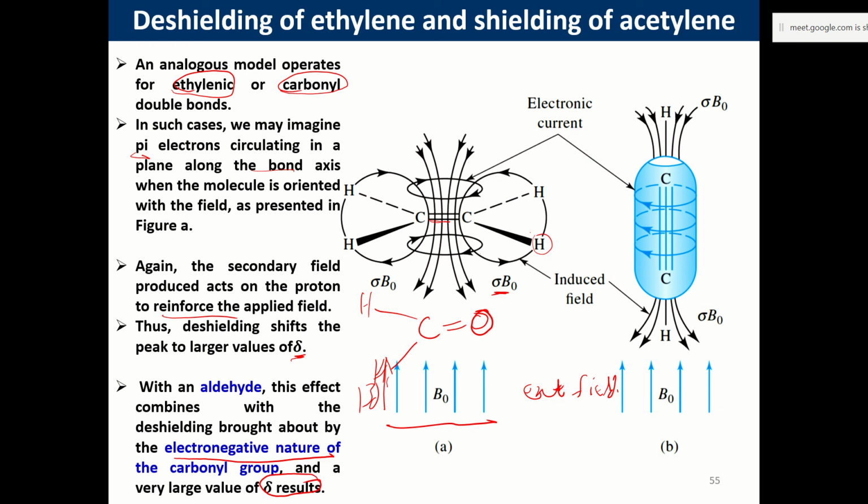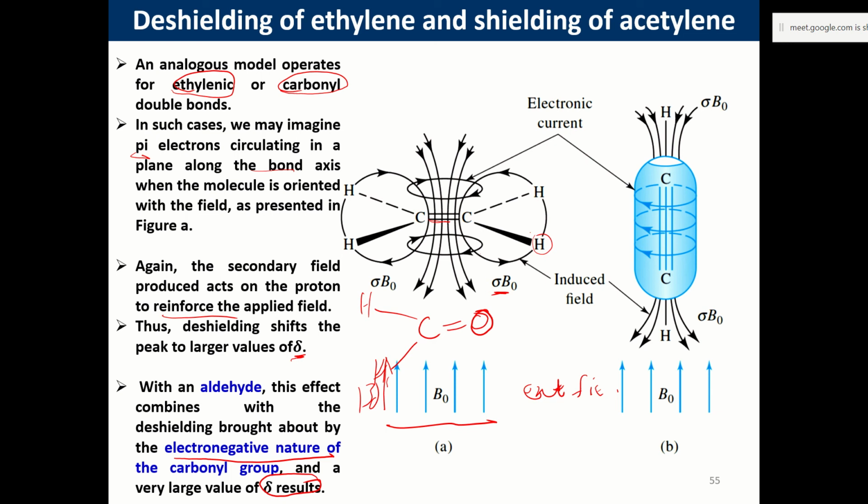A similar thing you can talk about for acetylene. In acetylene, you have the ring current, and it is a linear molecule in this case. If you apply a field along the internuclear axis like this, the electronic current is very smooth like this.